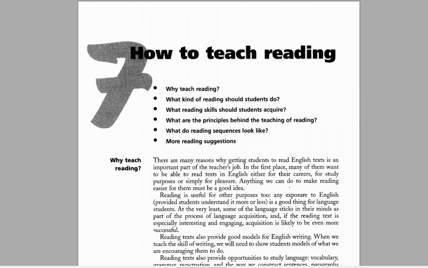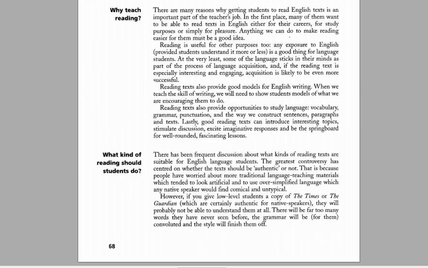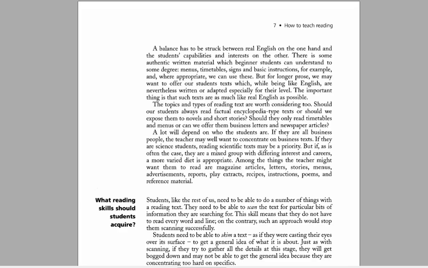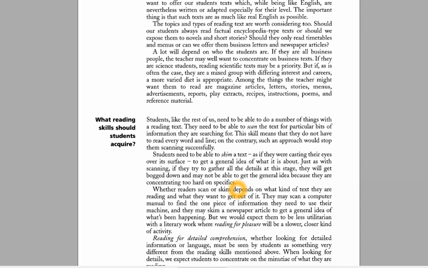We are looking at chapter 7 after chapter 4 because we need to focus on the exact activities. Here we have to understand what reading skills students should acquire. That's the concept that you have to reread again.